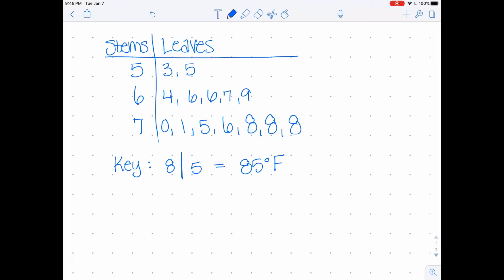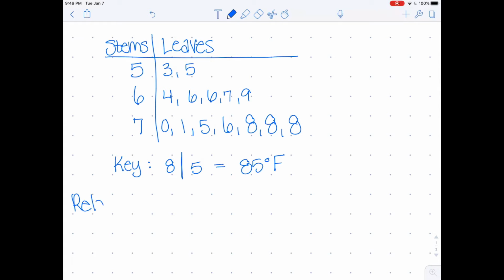So we can use stem and leaf plots to find the mean, median, mode, and range of data. We've done that before. All a stem and leaf plot really does is put it in order from least to greatest, so it's really easy to see. One thing we haven't talked about is relative frequency, and that comes into play in a set of data.